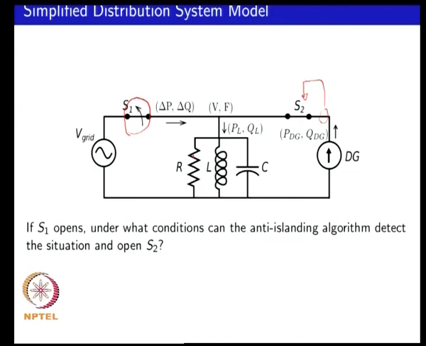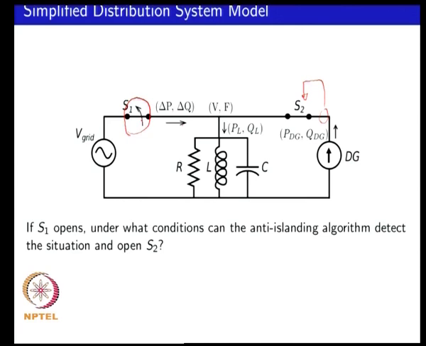So, if you have a situation where the load power is exactly matched with the DG power and the Q load that is being drawn by the load is 0, then delta P and delta Q would be 0, which would correspond to a condition where the current through this particular switch S1 is 0.